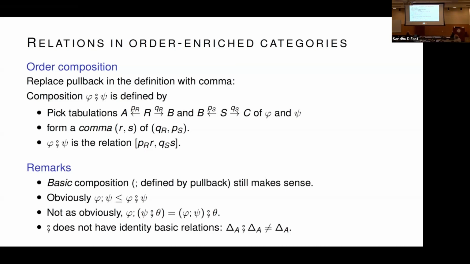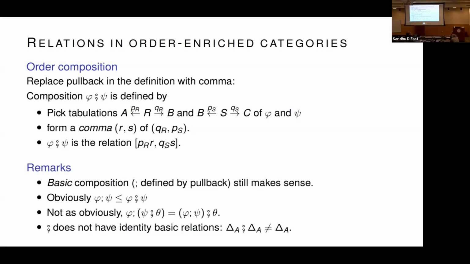A comma meaning that if I follow this leg, that's less than this leg. And it's universal with that property. That's what a comma is. So it's exactly the same idea as a pullback, except that it's now with respect to an order instead of with respect to equality. But same definition.